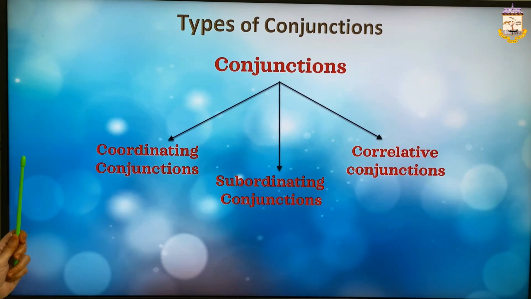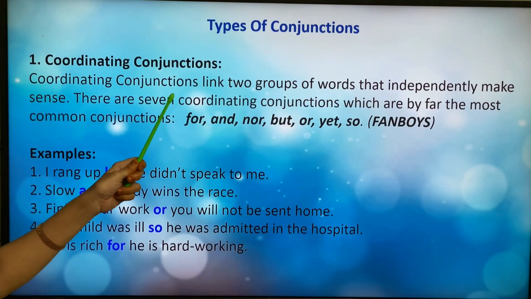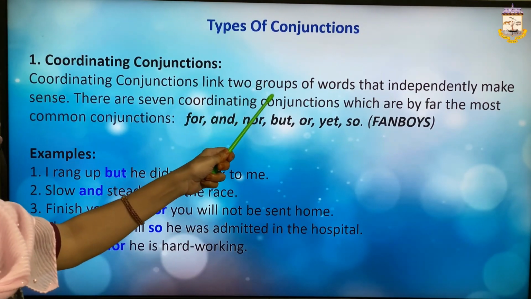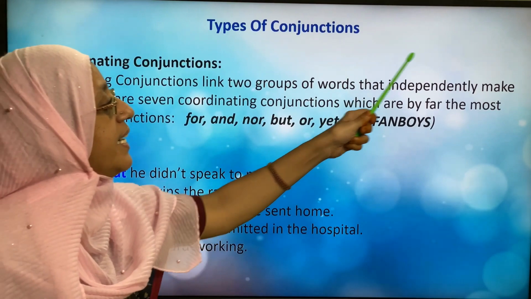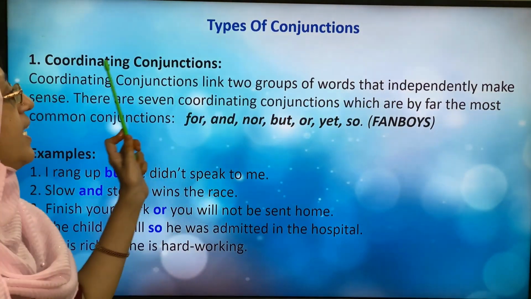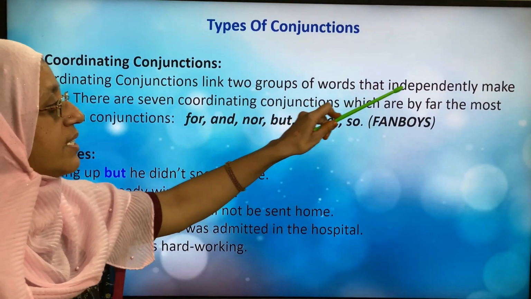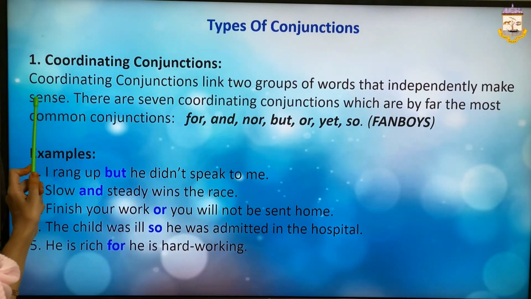Now let's go into detail about what are coordinating conjunctions. Coordinating conjunctions link two groups of words that independently make sense. Very important point to note that these coordinating conjunctions join words that independently make sense.